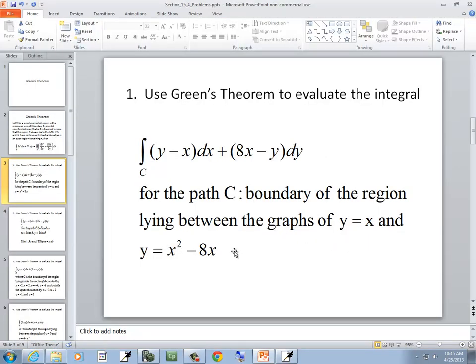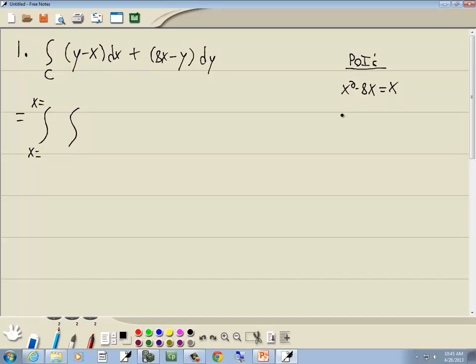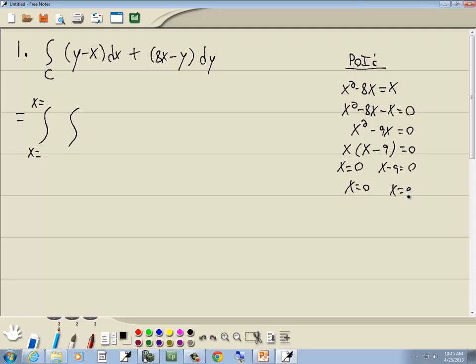Because they're both y equals, so I can equate them. And now I'll solve this. So I'll take the x over to the left side, and that gives us x squared minus 9x equal to 0. Factor out an x, GCF, and that leaves us x minus 9. Set each one of those equal to 0, and we get x equals 0 and x equals 9. So this goes from 0 to 9.